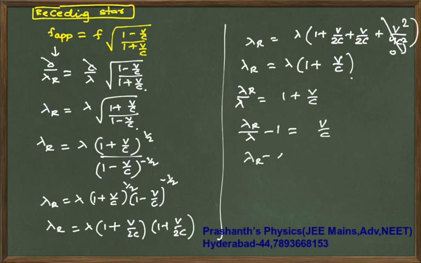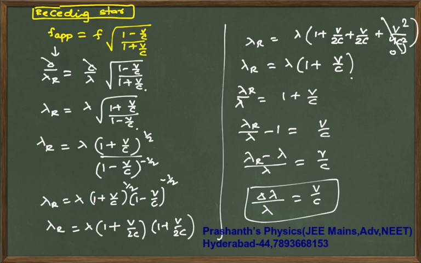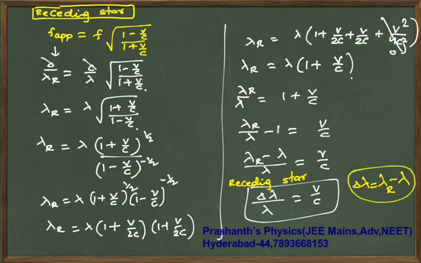Lambda r minus lambda by lambda is equal to v by c. Yeah, delta lambda by lambda is equal to v by c. So in case of receding star, your delta lambda is lambda r minus lambda. Okay, so this is your Doppler shift in case of light.